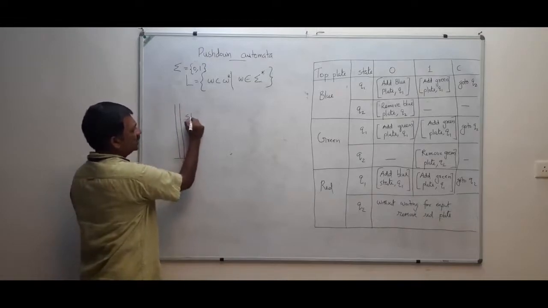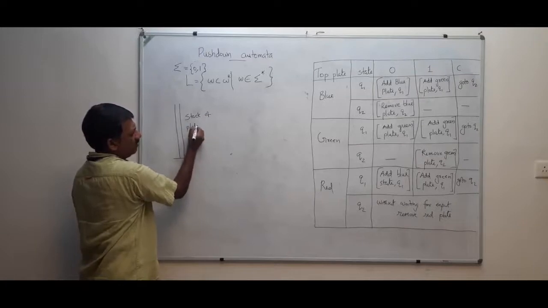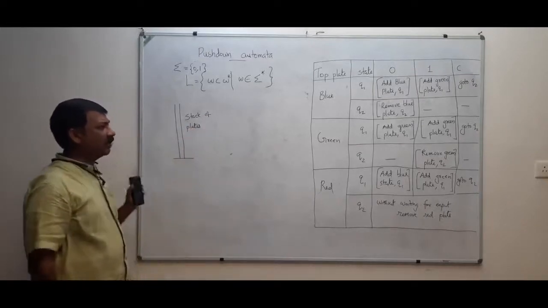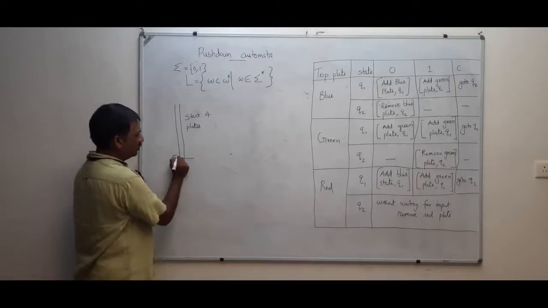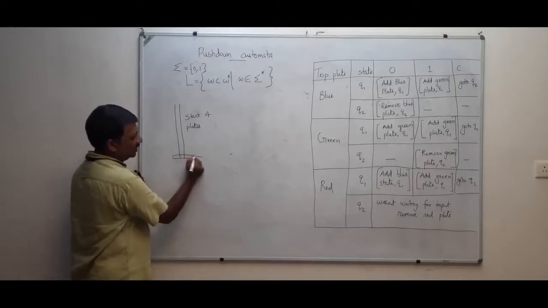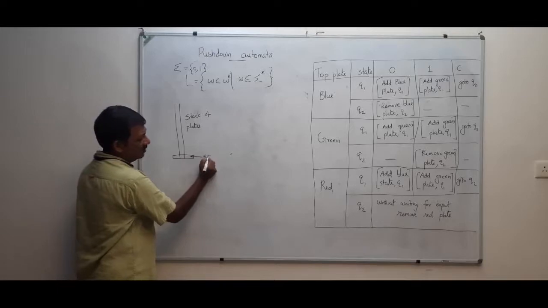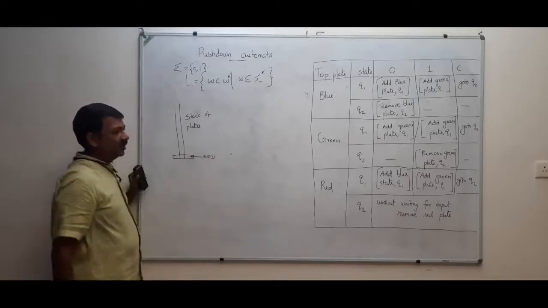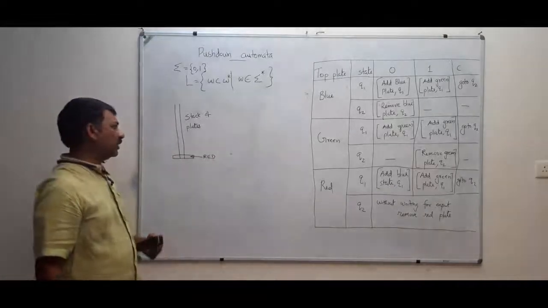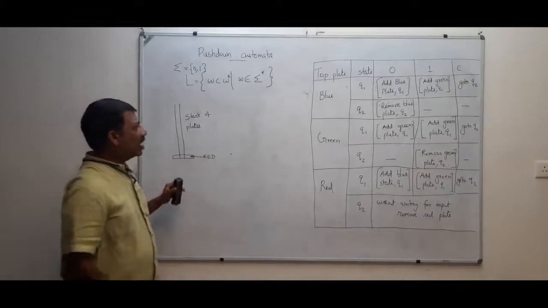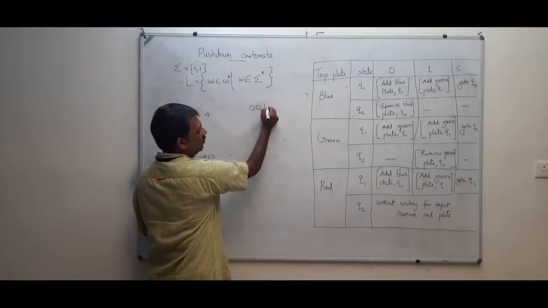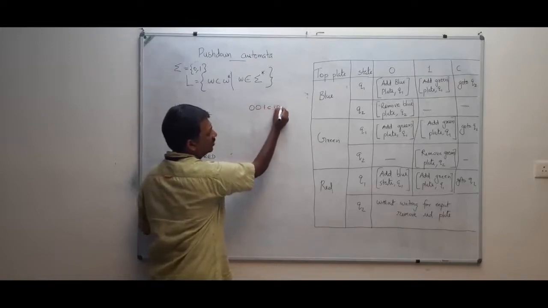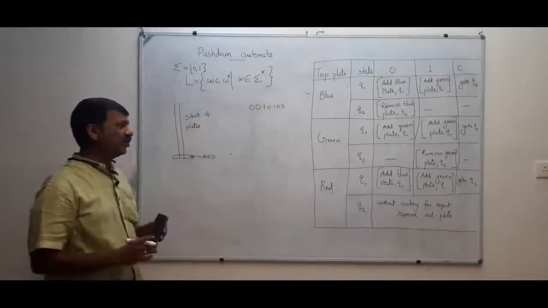You have a stack of plates, and initially at the bottom of the stack you have a red plate. At the bottom you have a red plate, and after that you have say 0, 0, 1, C, 1, 0, 0.